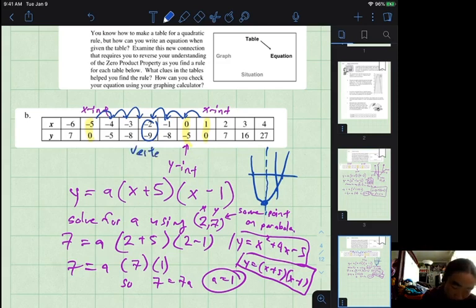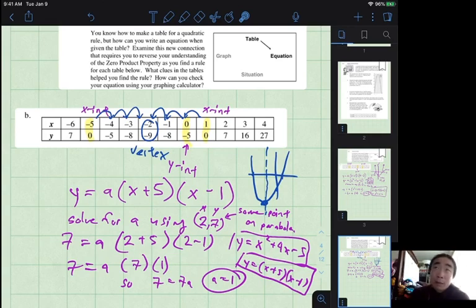On a table, when you have all these integer values, it's kind of nice to see visually. That's the middle, that's your vertex, that's your line of symmetry. And you notice the y values repeat: 8, -8, -8, -5, -5, 0, 0, 7, and 7, and so on. You see the symmetry nicely on the table.